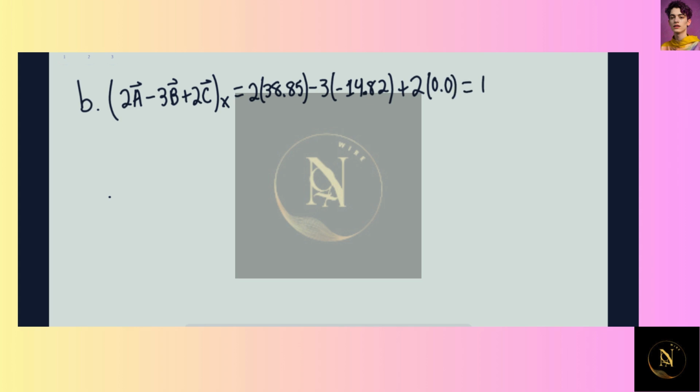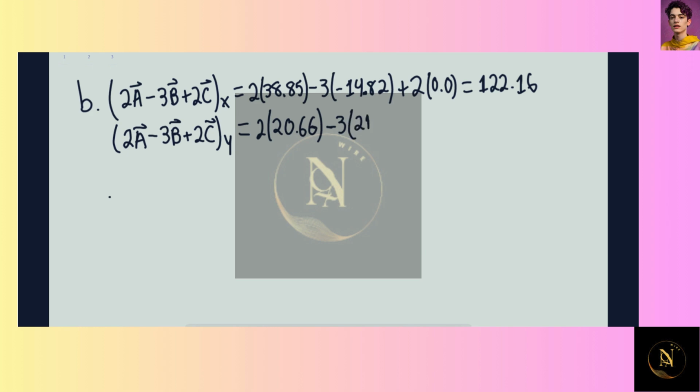And this is equaling 122.16. Let's do the y component. This is equaling 2 times 20.66 minus 3 times 21.97, and then plus 2 times negative 31.0. This is giving us negative 86.59.